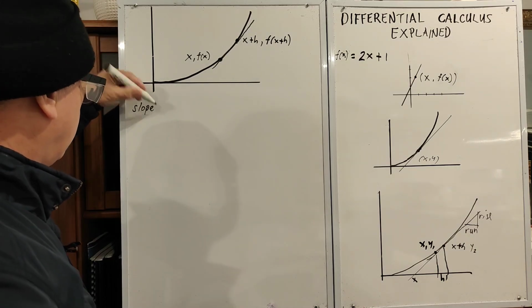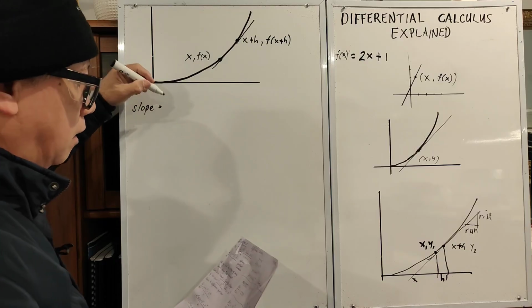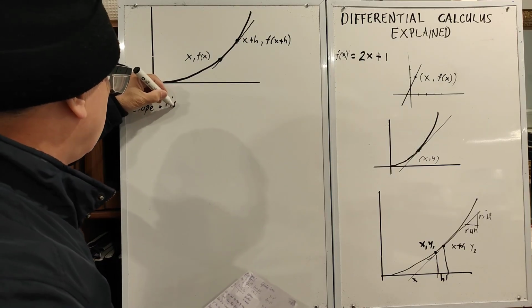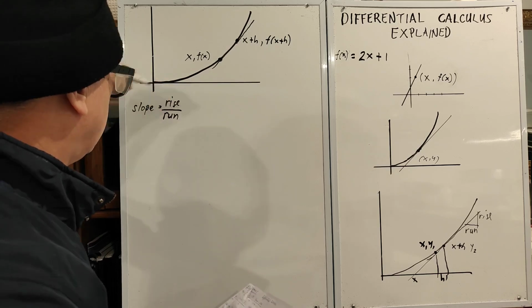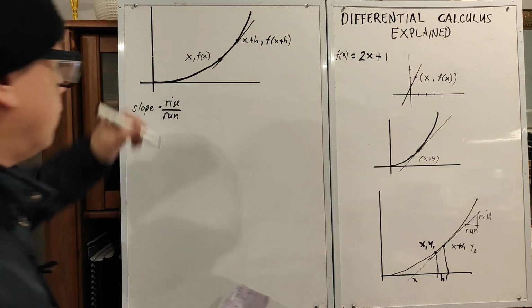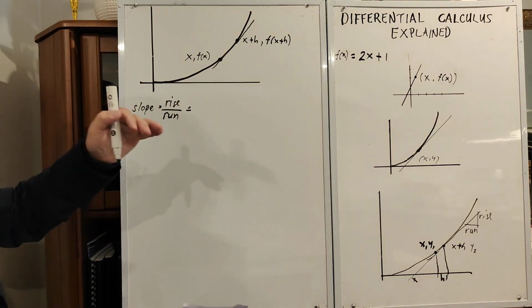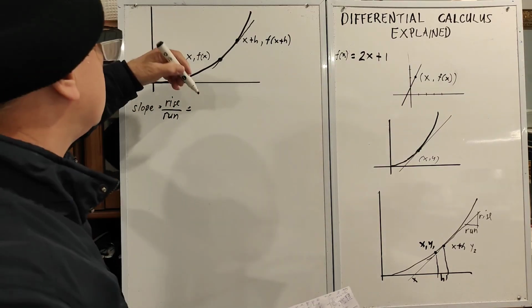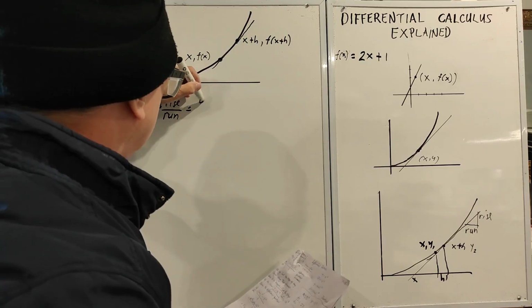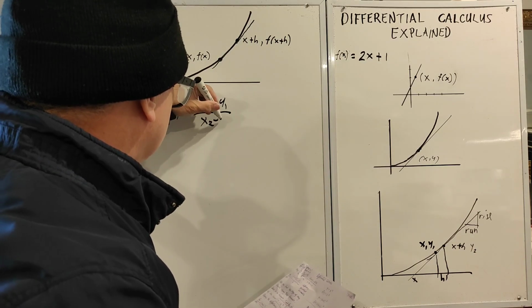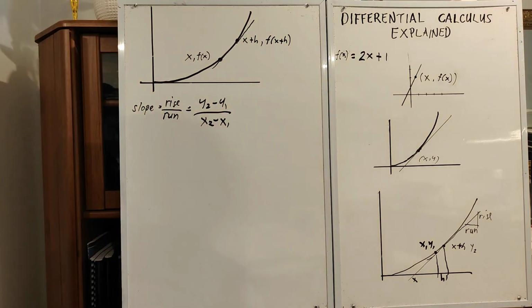Slope is the rise over the run. Remember the slope in previous math subjects is y2 minus y1 over x2 minus x1.